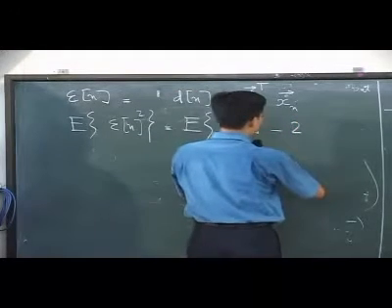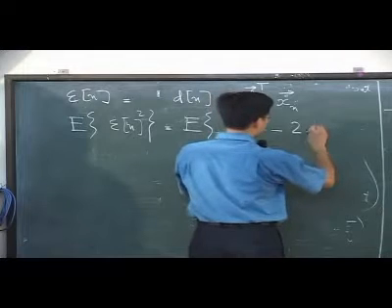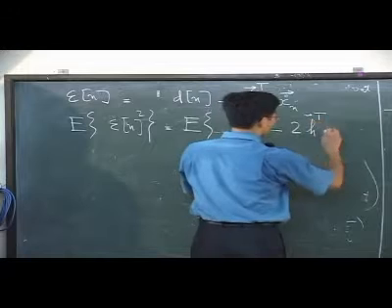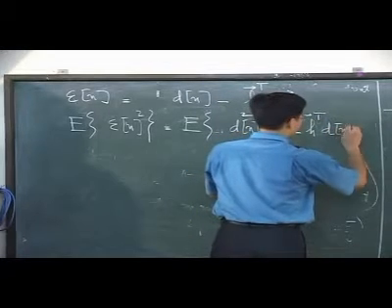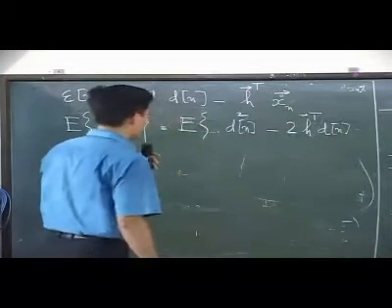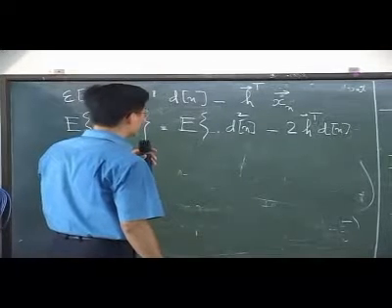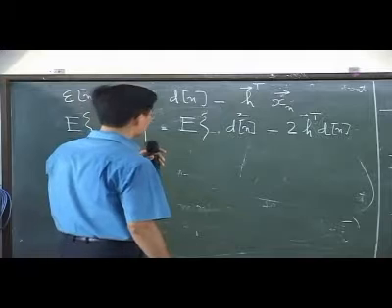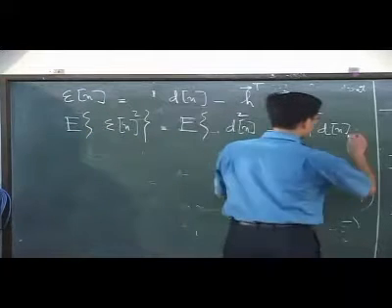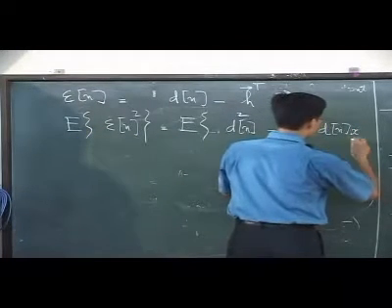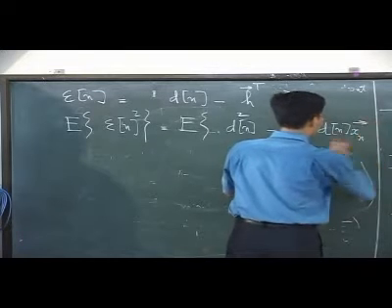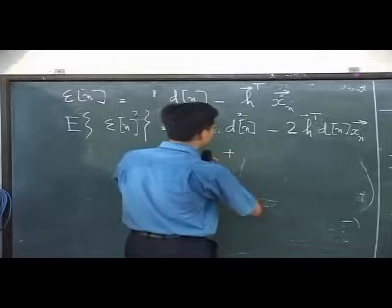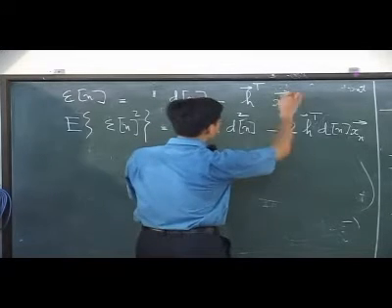minus 2 times h transpose d of n times x of n, plus this thing here.